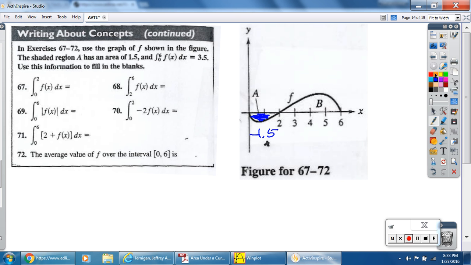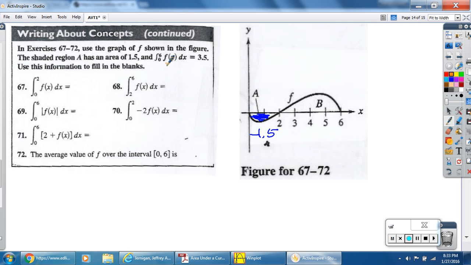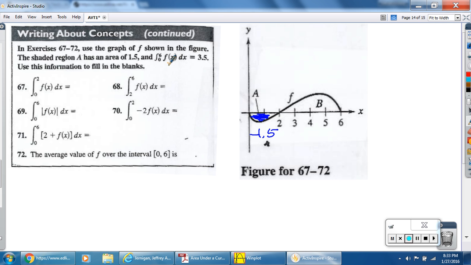The area from 0 to 6 is 3.5. So from here to here, the whole thing is 3.5. So 3.5 plus 1.5 would give me an area of 5 up here.